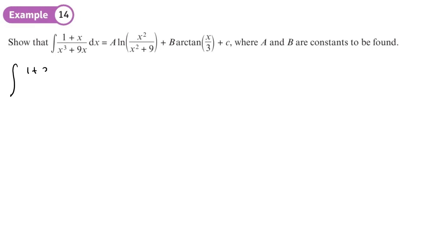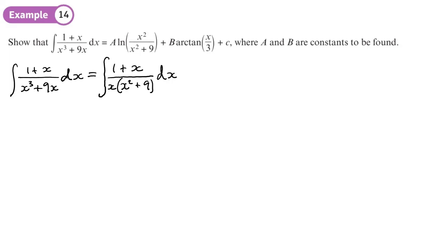So 1 plus x over x cubed plus 9x dx, and we want that written as a partial fraction. So we'll have to factorize the bottom first. So we'll have x squared plus 9, so they're going to be the two denominators.